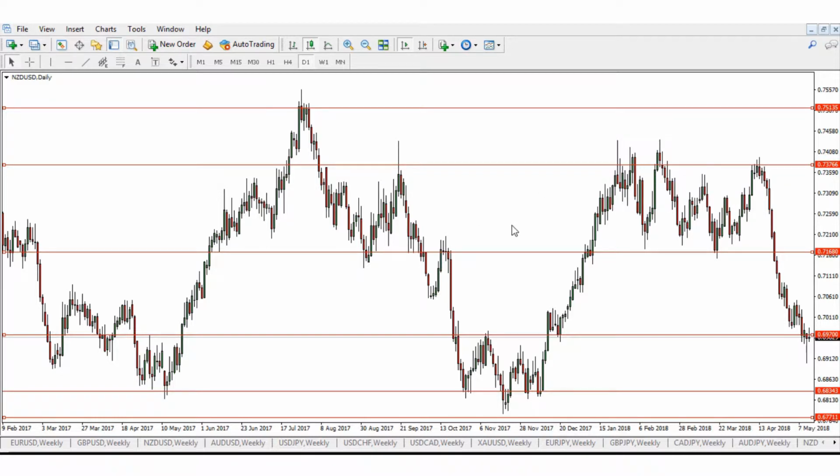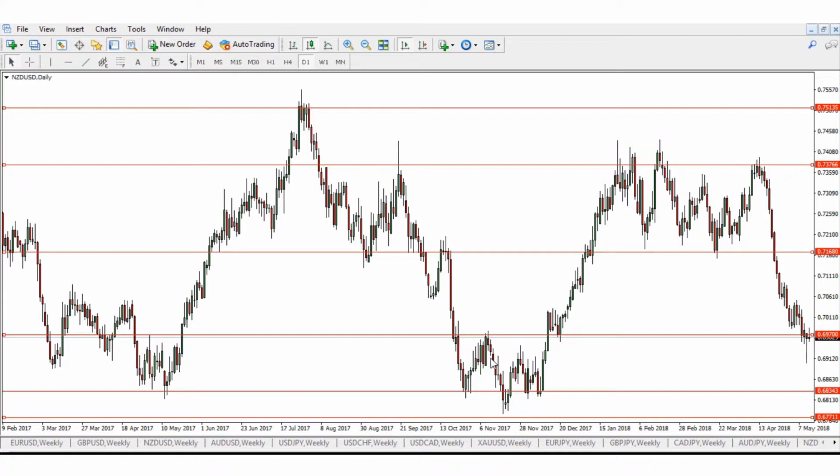So this is how to draw support and resistance levels. Let's move on to how to construct trend lines and channels. Constructing trend lines and channels, you will be using this tool, draw trend line. But then we will first need a market that has been in an uptrend or in a downtrend.